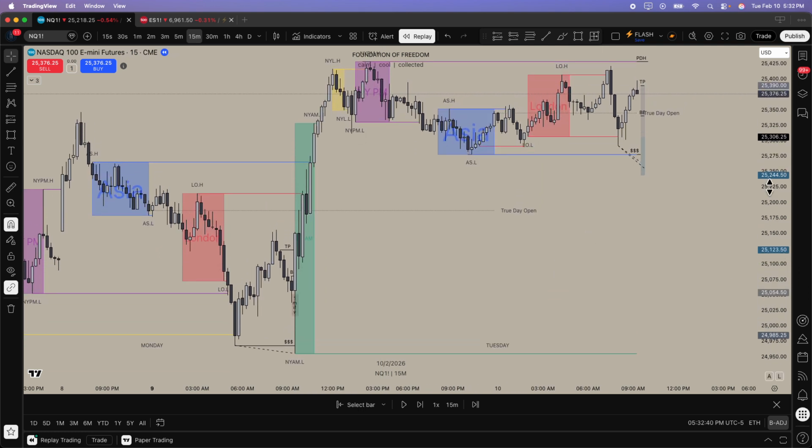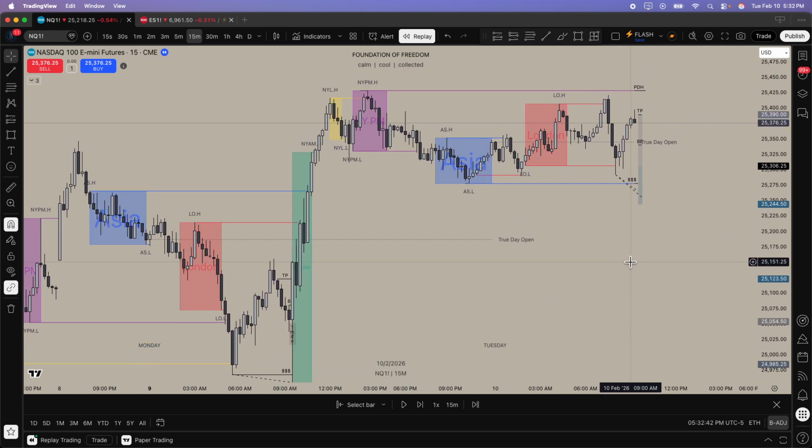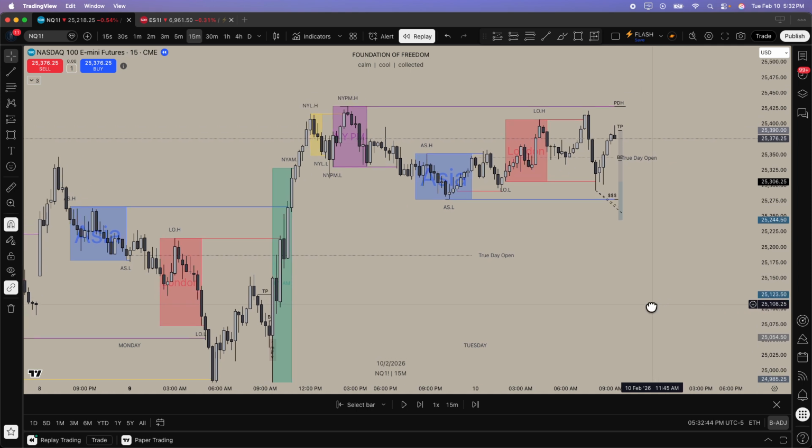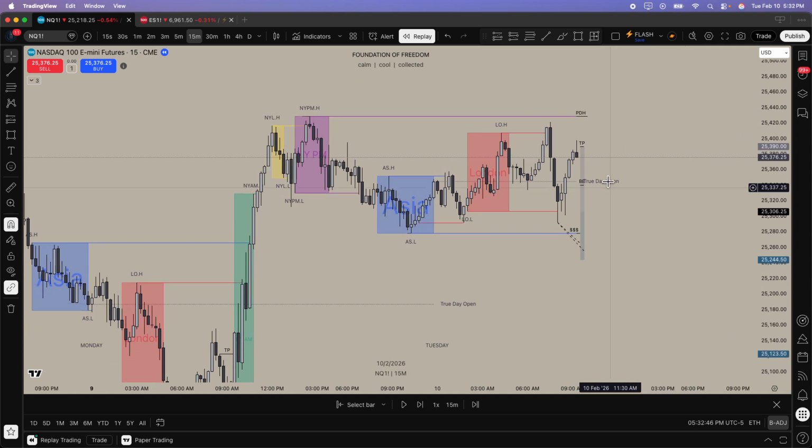If we go to the 15-minute here, I mean, it wasn't completely obvious what the bias would be. I just kind of wanted to see the external liquidity get taken out in order to determine whether or not I was going to take longs or shorts. Obviously, if this PM high had gotten taken out, I would have looked short. If this Asian low had gotten taken out, I would have looked long.